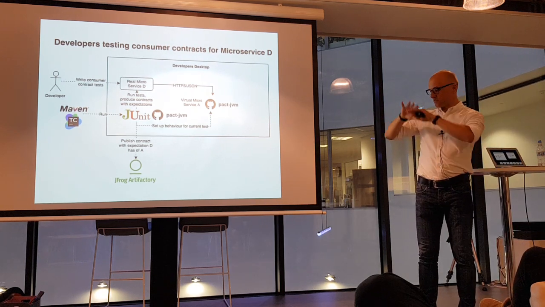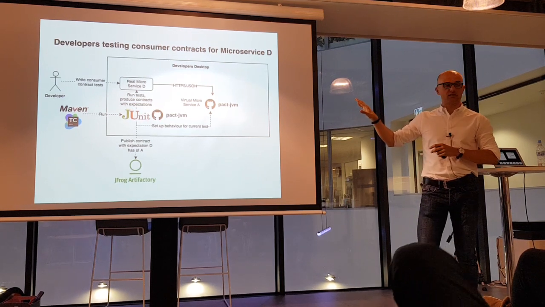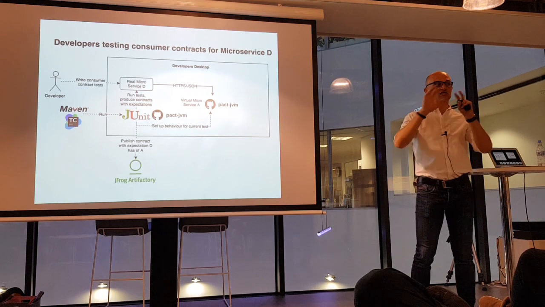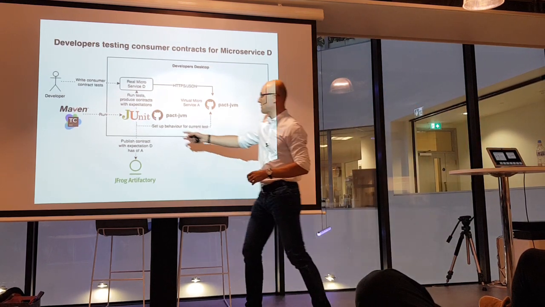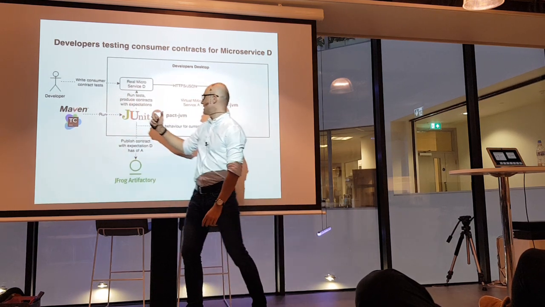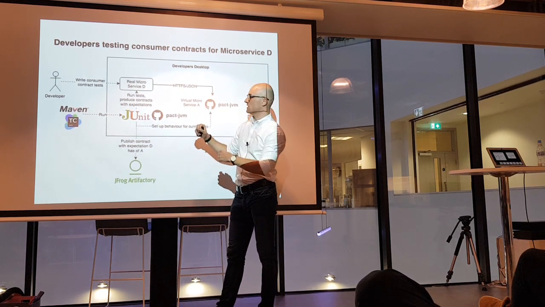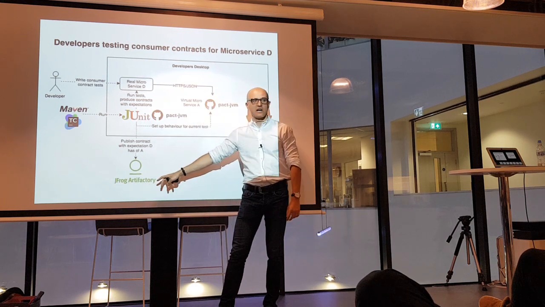The main point I'm trying to make is that developers tested here the contracts between microservices, and then the testers are going to test them again. And just quickly how they tested it, they used the PackJVM framework, and they've written consumer tests using this PackJVM framework, and once those tests have been run, they produce artifacts that get published to a JFrog artifactory.